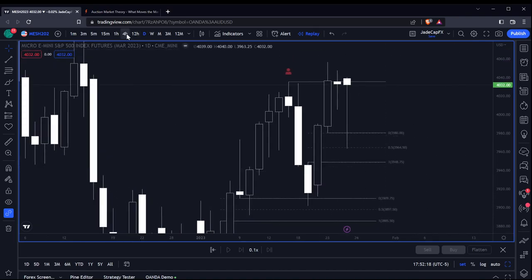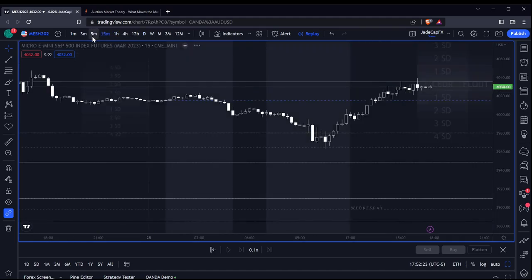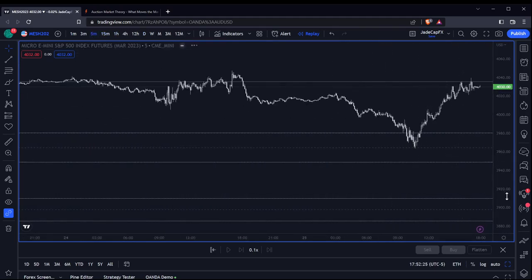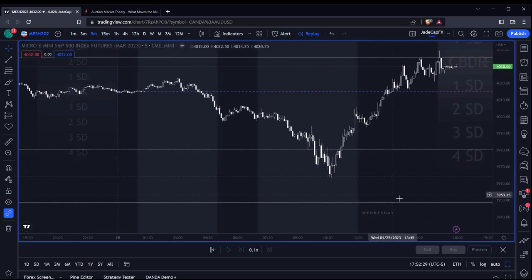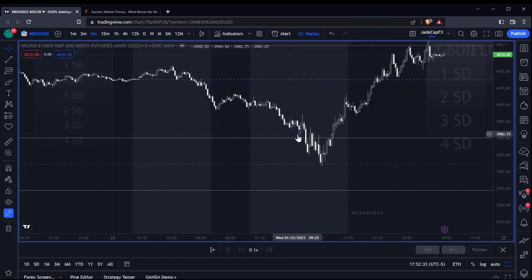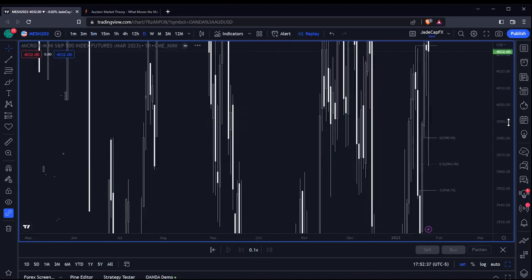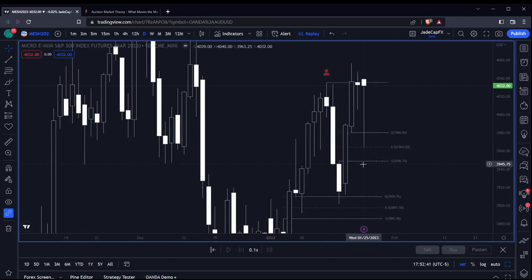So if we drop down into the 5-minute today, I'm just looking for some reason to go long the market. So if this is the daily level on a 5-minute time frame, okay? So this premium high of this imbalance, the low, and then fair value in the middle.